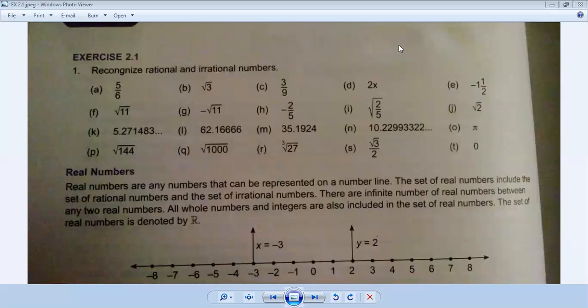Just let me share one more image. I'll share the definition of rational numbers with you all.